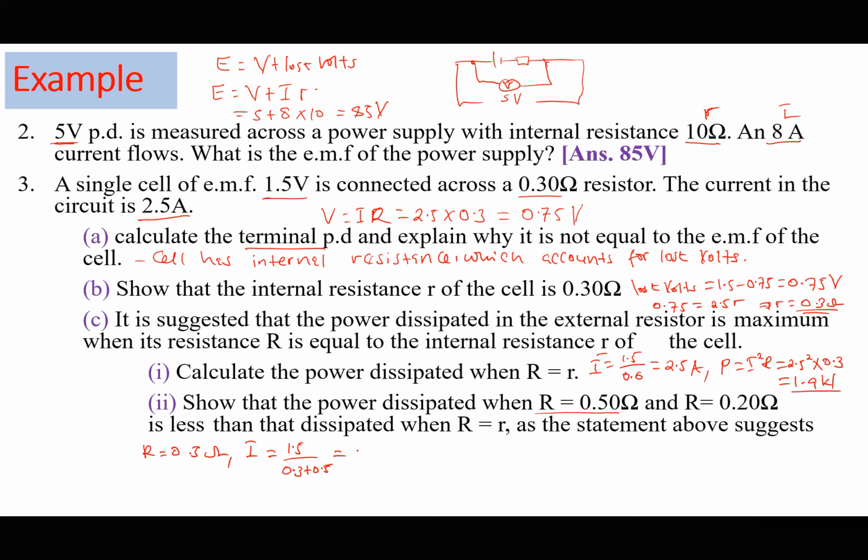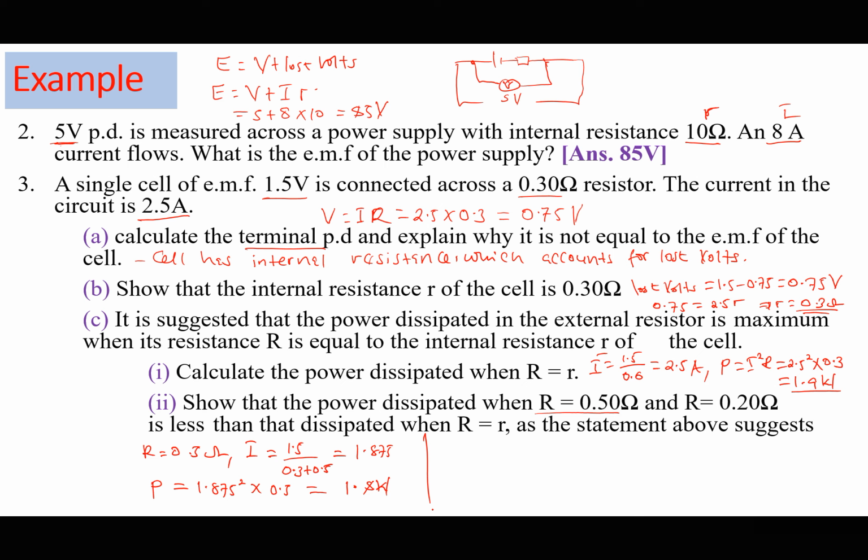The current flowing here is going to be 1.875. The power is going to be equal to I squared R, which is 1.875 squared times 0.5. So this is giving me 1.8 watts. That is for 0.5.